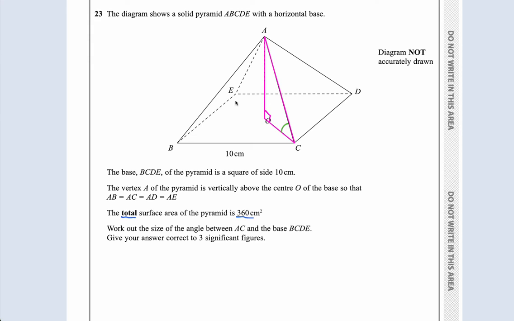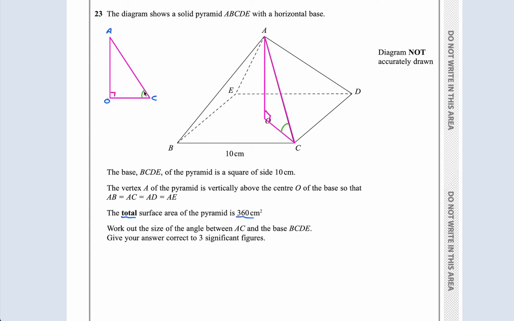It is a right angle triangle. So you could draw this pink triangle over here, just so it's clear what you're trying to find. And this is a right angle, and that is A, that is O, and that is C, and that's the angle that we're trying to find.